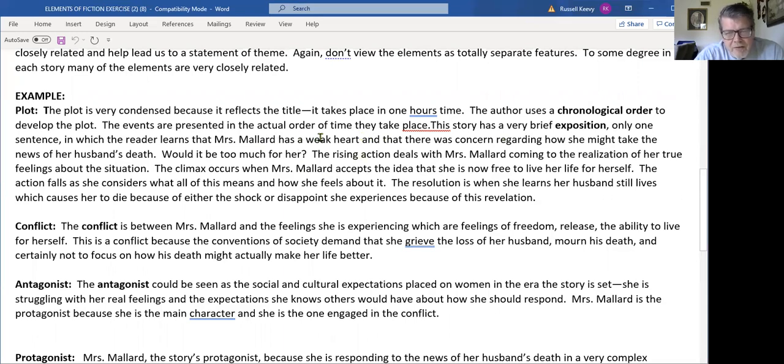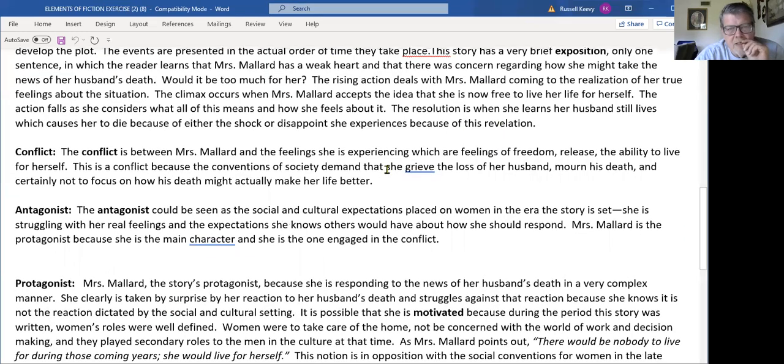Okay, so every story has an exposition. When you read A Rose for Emily, it's a rather lengthy exposition, but we get to know a lot about how the town sees Emily, and why she's a little bit the way she is.